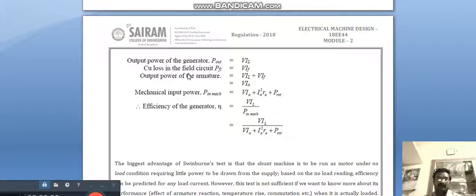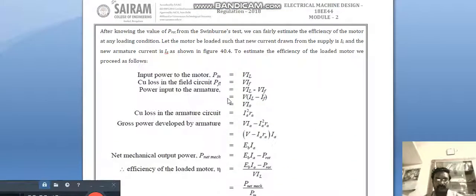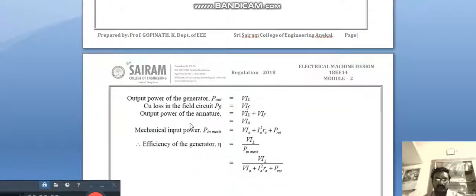The output power of the armature is V IL plus V IF. In the case of a motor, the armature power is V IL minus V IF. In the case of a generator, it is V IL plus V IF, which is equal to V IA. Mechanical input, P in mech, is equal to V IA plus Ia square Ra plus P rotational.